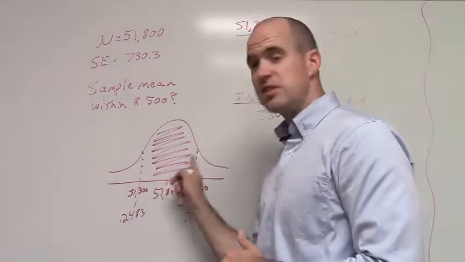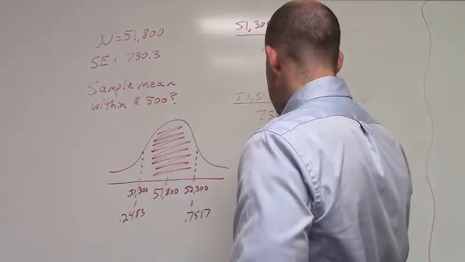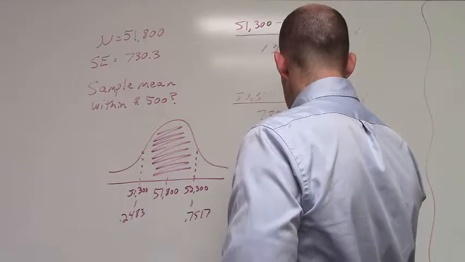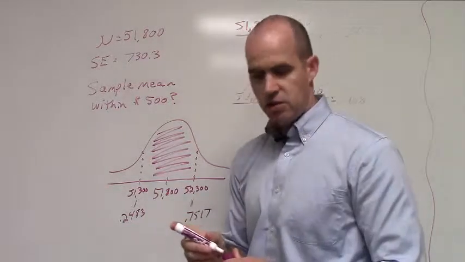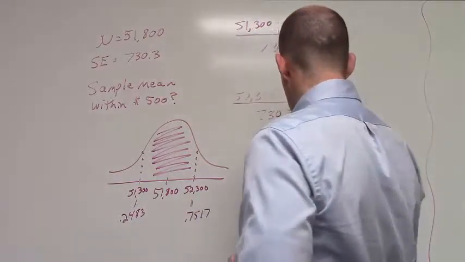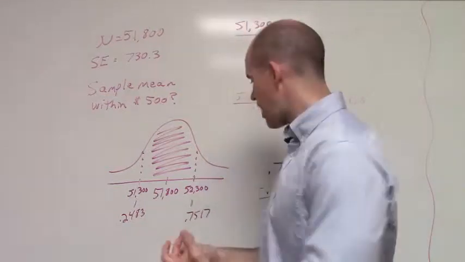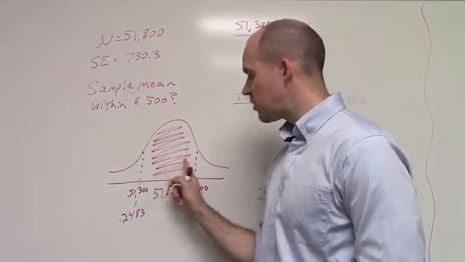So if I want to know what's in the middle, I'm simply going to take 0.7517 minus 0.2483, and you will get a value of 0.5034, or about 50%. So another way to interpret this, what's the probability that our sample mean will be within $500 of our population mean?